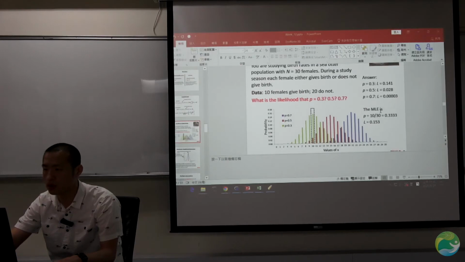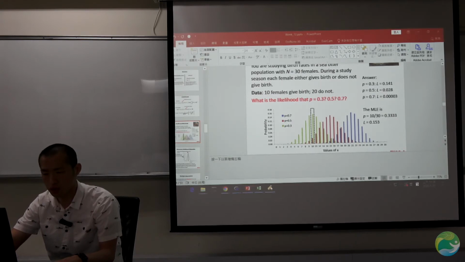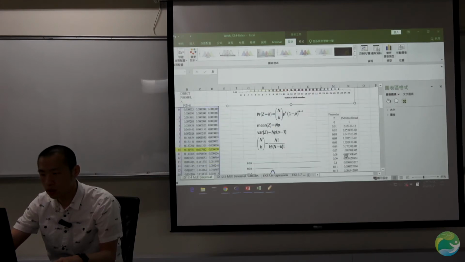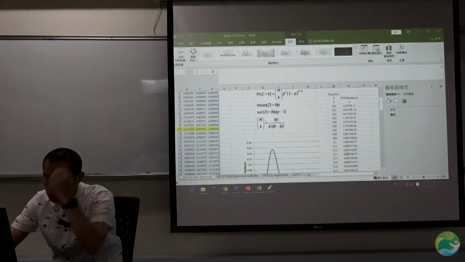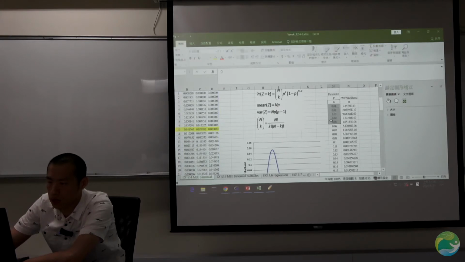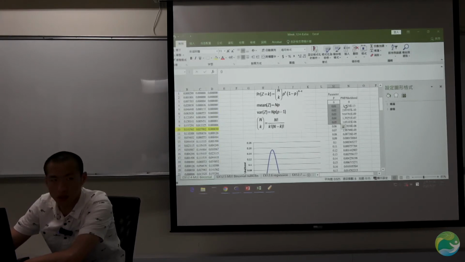So we can calculate the maximum likelihood estimation. How to do it? We do a profile for the p value and calculate its likelihood value.